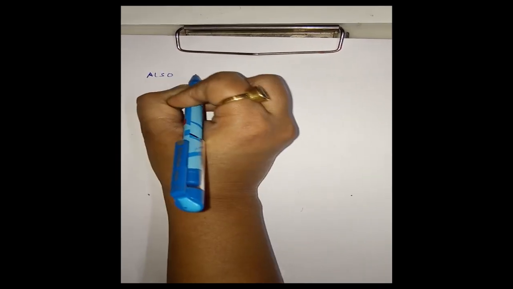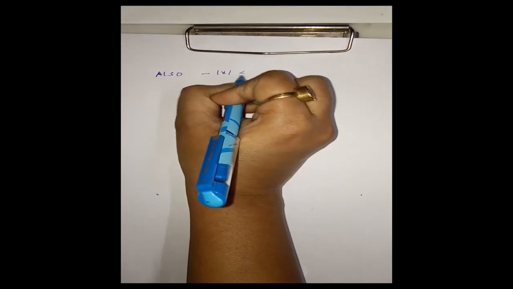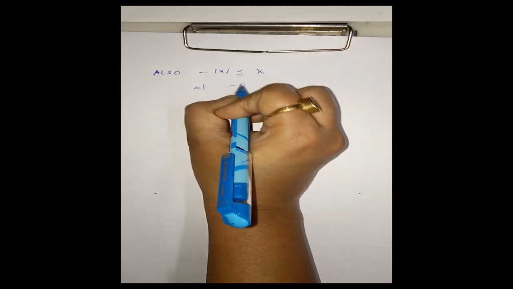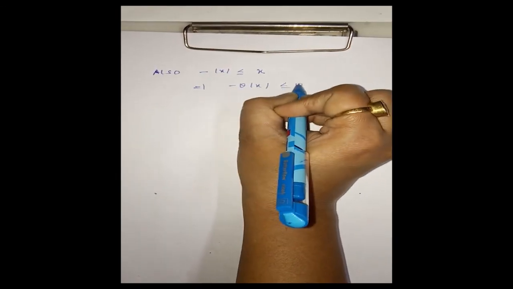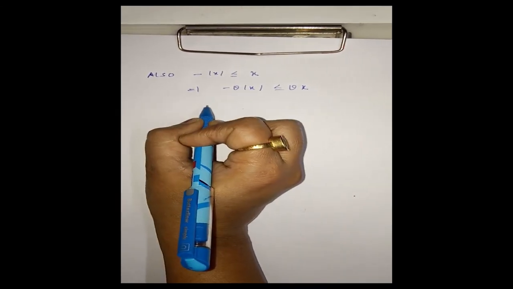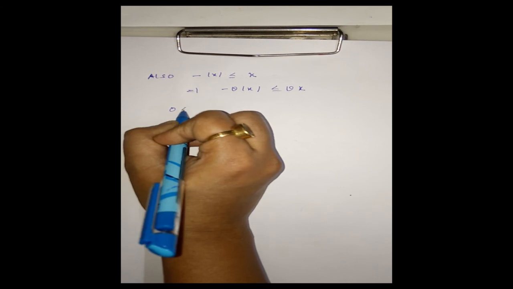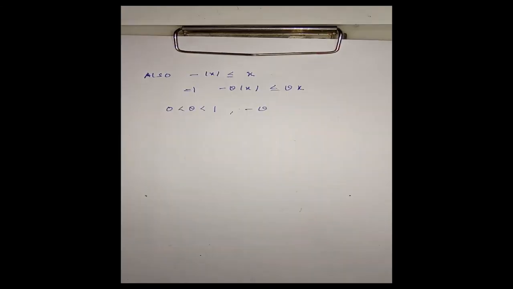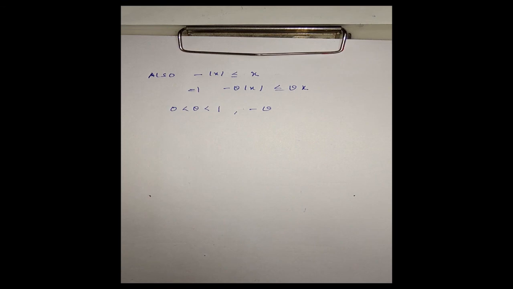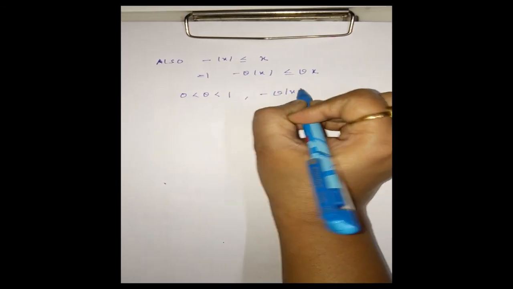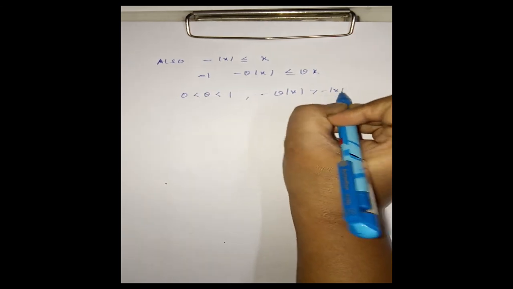Now, also we have theta mod x less than or equal to theta x in magnitude, this means minus theta mod x is less than or equal to theta x. Clear? Now, since 0 less than theta less than 1, we have minus theta mod x is greater than minus mod x.